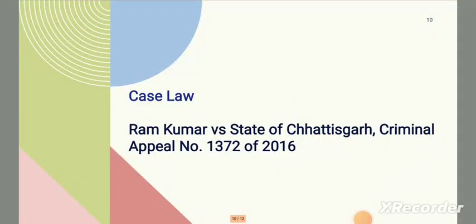The case law: Ram Kumar versus State of Chhattisgarh. This is the most important case law of murder and culpable homicide. In this case, the defendant was given a punishment under Section 302 for murder by the district court for his offense of hitting his sister-in-law on her head because he did not want her to marry.